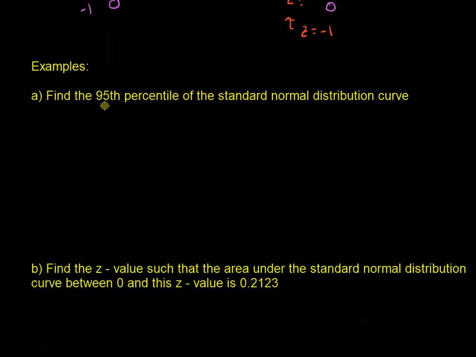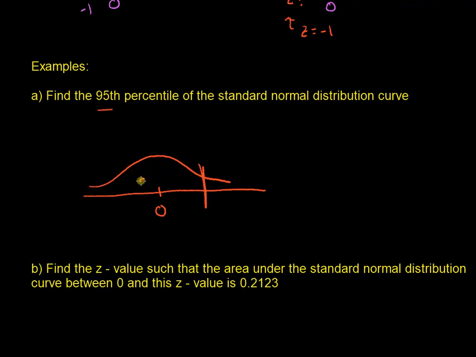First example, find the 95th percentile of the standard normal distribution. So let's draw this out. Here's 0 in the center. Now remember, the 95th percentile means that 95% of the distribution is behind it. 95% of the distribution is less than that value, so it's going to be way over here.